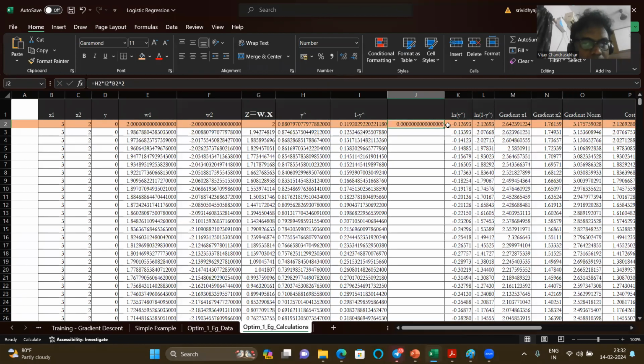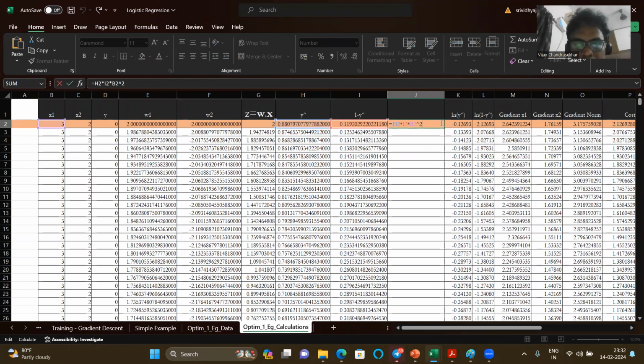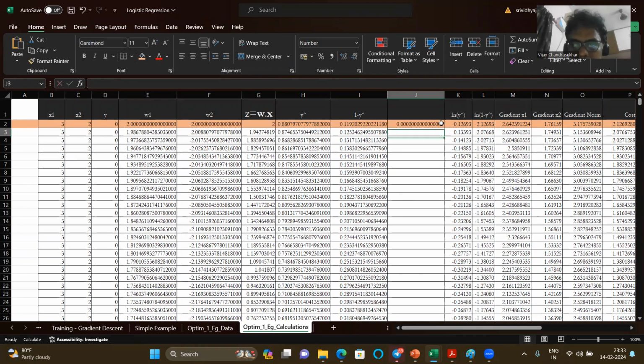Something is wrong with Excel. I'll fix this calculation and I'll populate what I call the second order derivative, so that we know how curved things are.